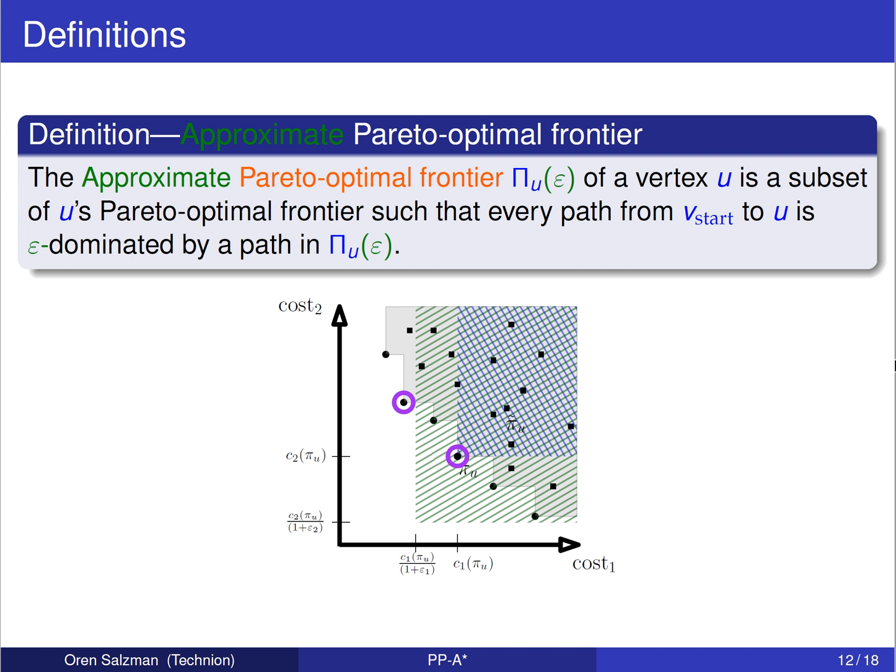In this example, for the epsilon that I chose, we can approximate the Pareto-optimal frontier, which is the set of black dots here, using only two solutions, the ones that I circled in purple. And this gives some intuitive flavor of how we can avoid the exponential size of the Pareto-optimal frontier in many practical applications using a small approximation factor.